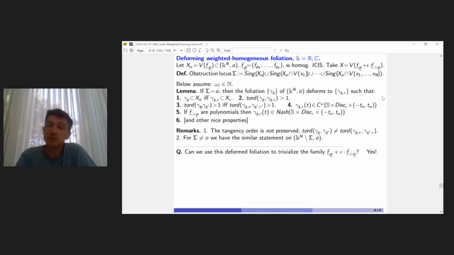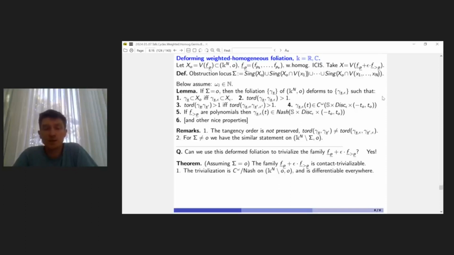We can use this deformed foliation. So here is the theorem. Here I assume once again that the abstraction locus is just the origin. Then the complete intersection family is contact-trivializable. And the trivialization is real analytic or Nash outside the origin. More, it is differentiable at the origin.